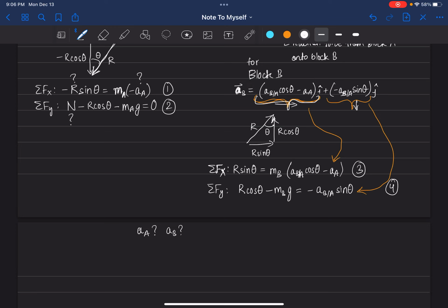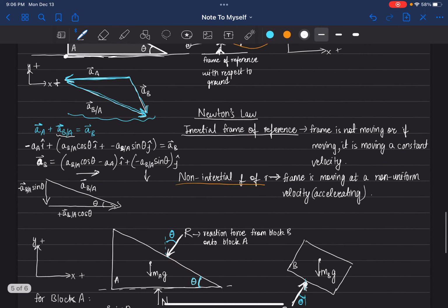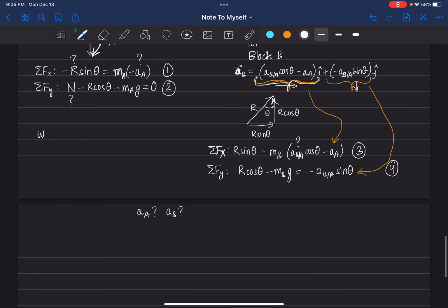R is an unknown. So that's three unknowns, and a_B with respect to A is unknown. By the way, I'm doing all of this in symbolic form, but we're going to assume these parameters are given.